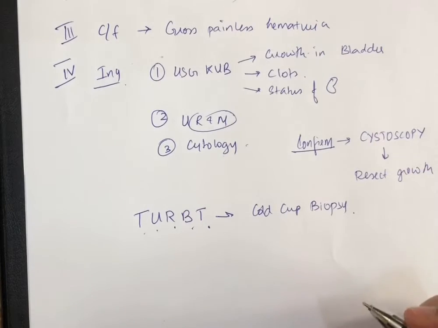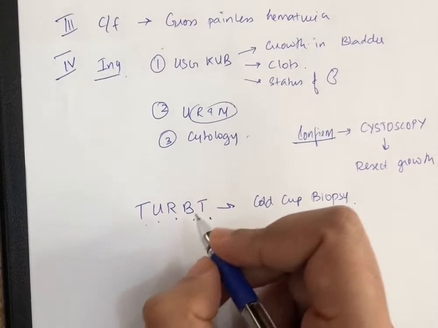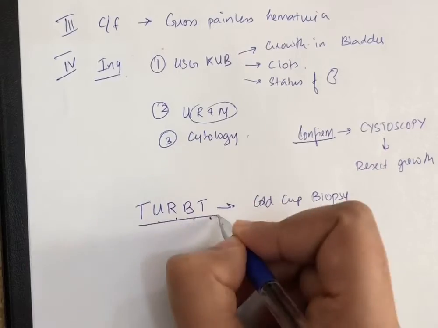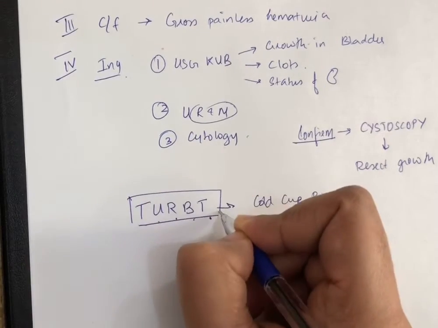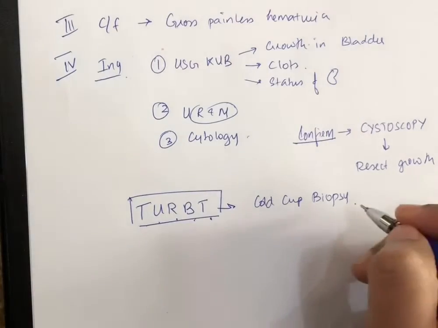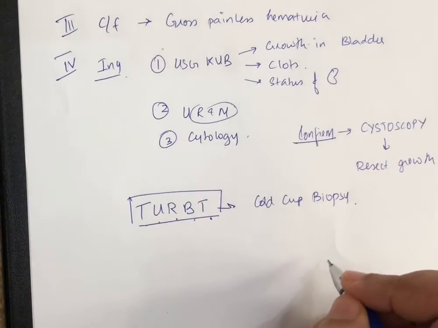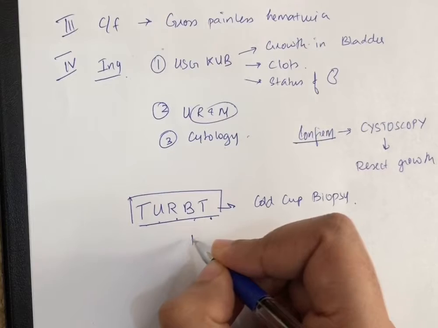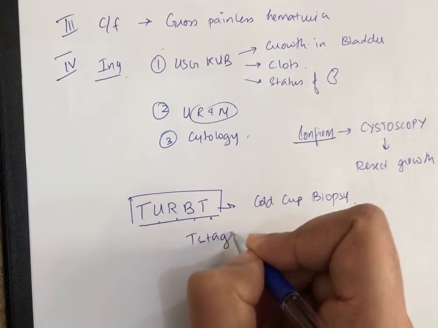Staging you can do via MRI. So this is transurethral resection of bladder tumor, then you can do cold cup biopsy and determine the T stage by MRI.